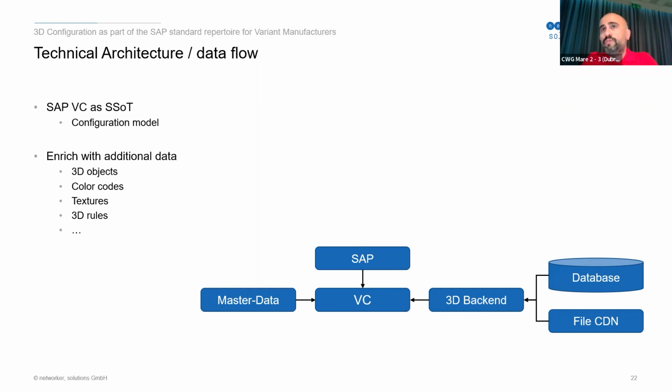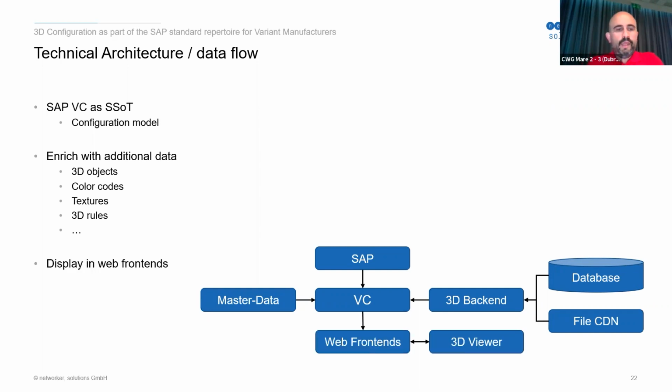We have rules which are, of course, not maintained in SAP, like collisions, but also how things are connected to each other and so on. These are all also in the 3D backend. And then the front-end level, which means web-based front-ends and the 3D viewer or the 3D configuration in it.